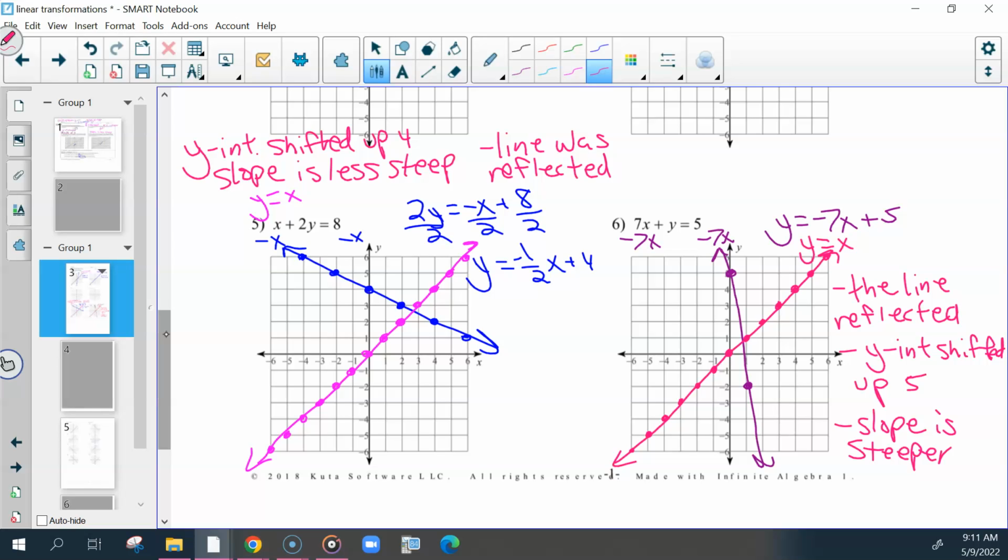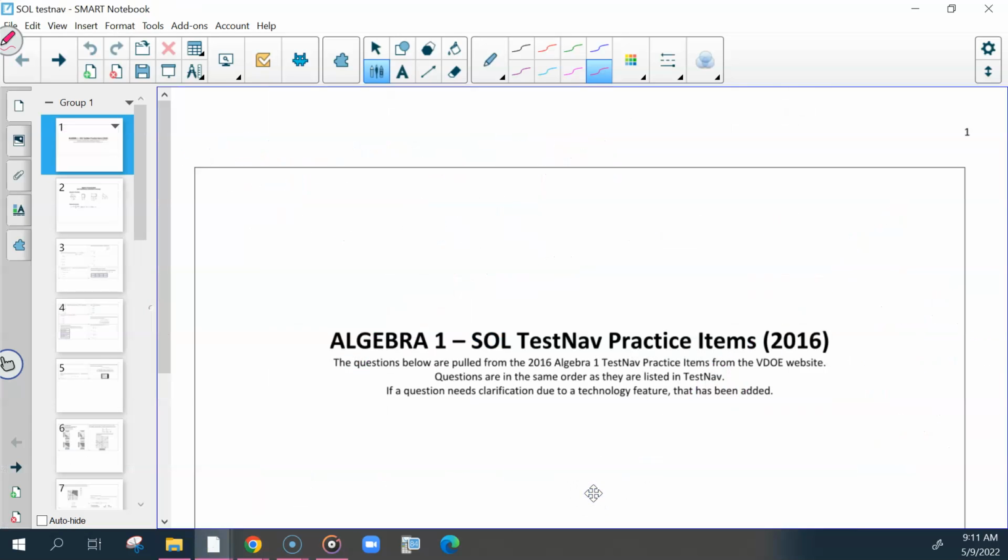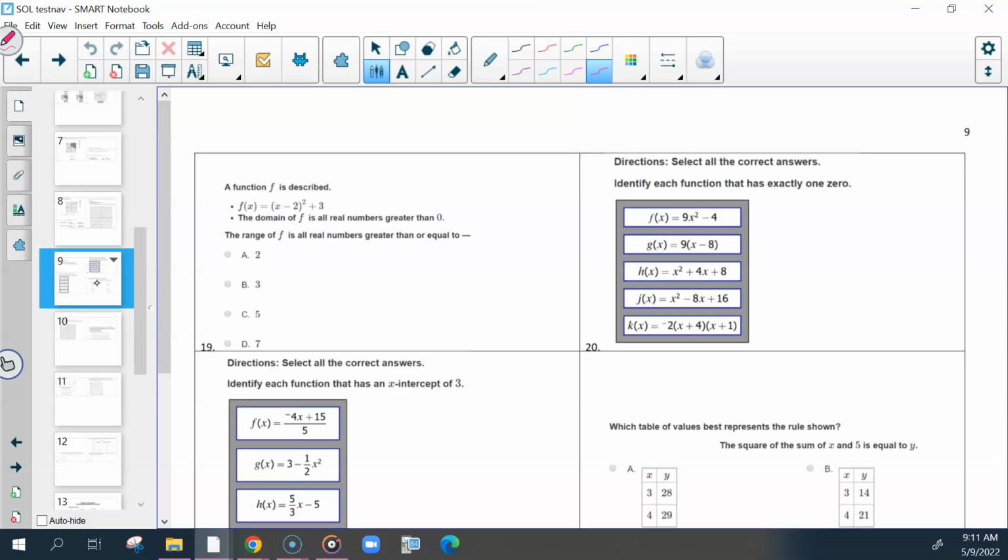Does anyone need another one of those? I believe we did number 18, but not 19.